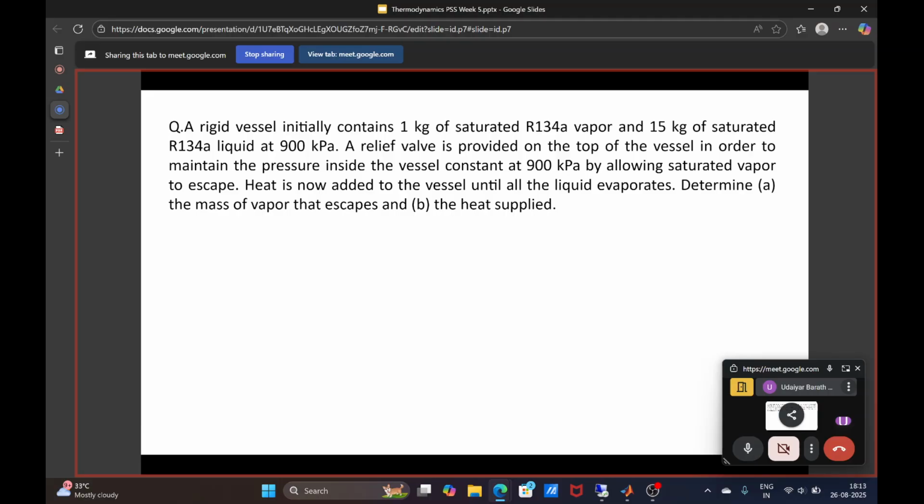So your pressure is maintained at 900 kilopascal. This process is continuous. This heat is added until all of the liquid in the vessel evaporates. So you have only saturated vapor left, but the mass is now different. So determine the mass of vapor that escapes and the heat supply.